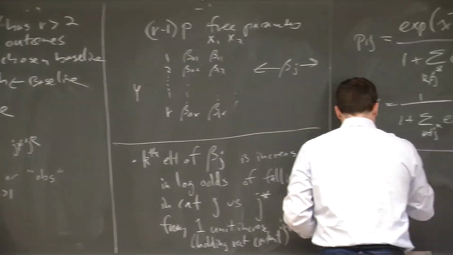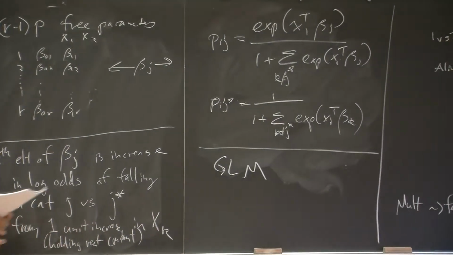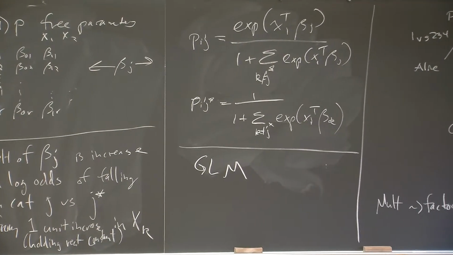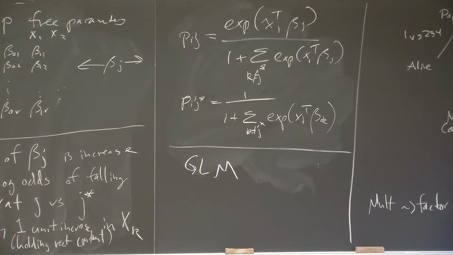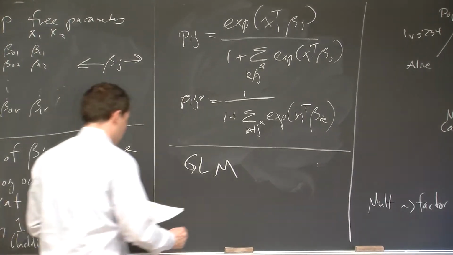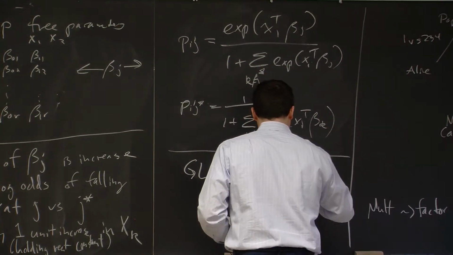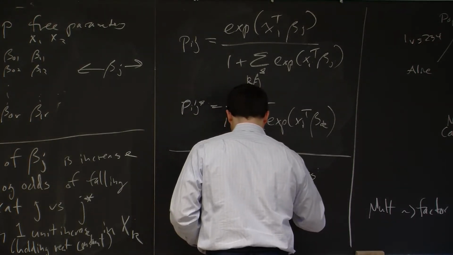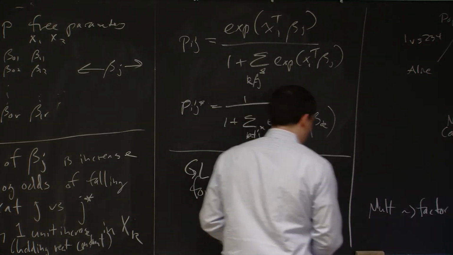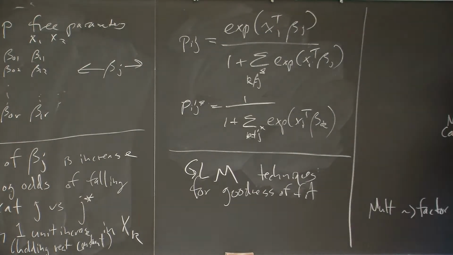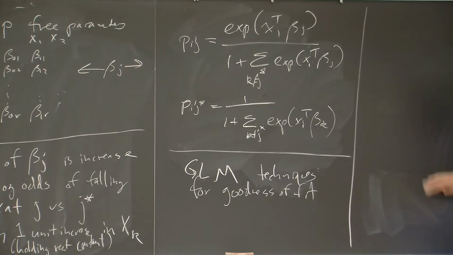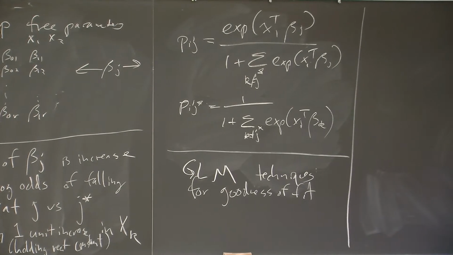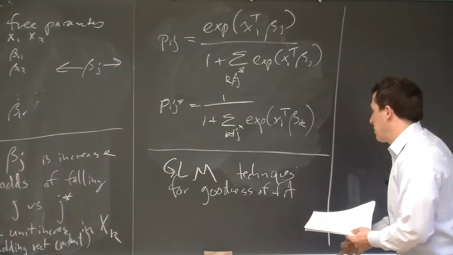Okay, so we said this was a GLM, and we've been talking about GLMs. So just like any other GLM, I can use similar ideas to test goodness of fit. And we have the same sort of problem, right? If we have too many cases, too many configurations of our predictor variables, then our expected counts will be kind of small and things won't work.